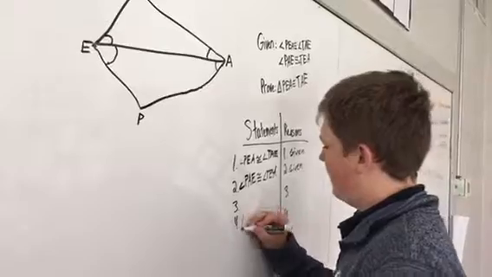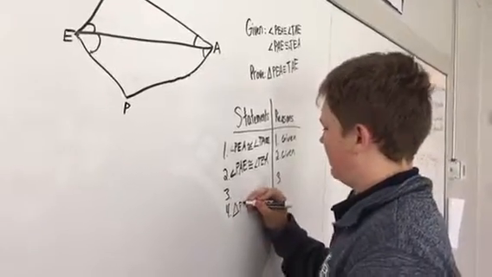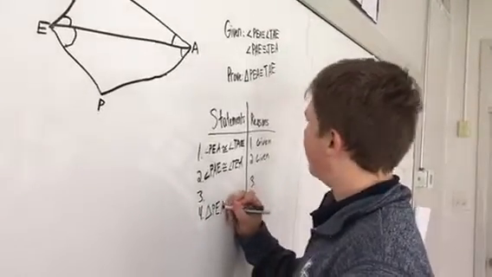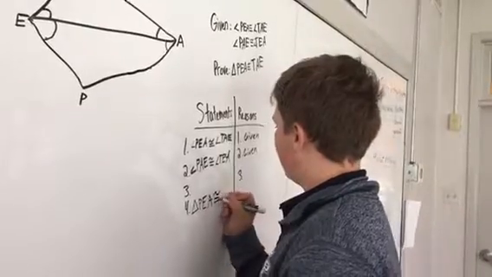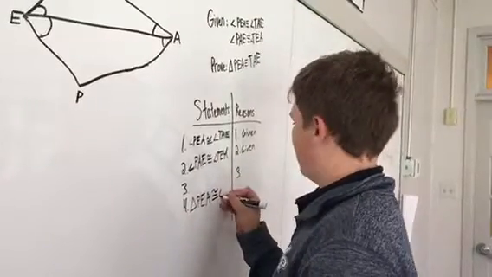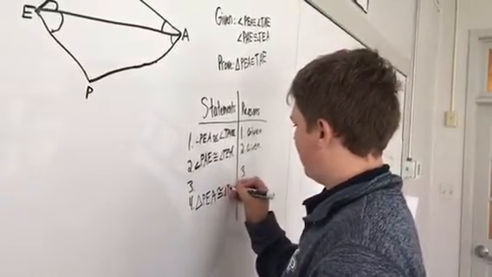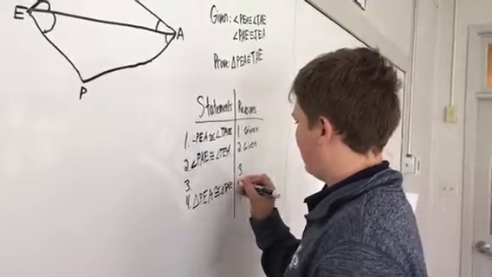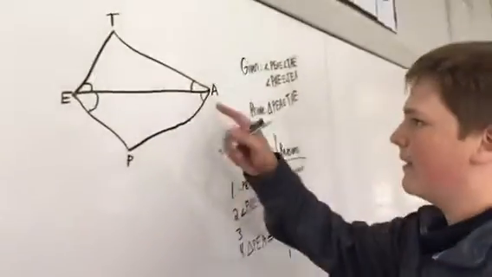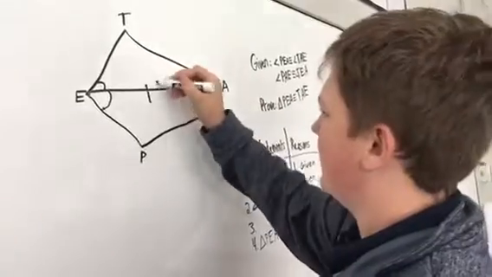What do I got to prove? Okay, so we got this. Oh, this is congruent.